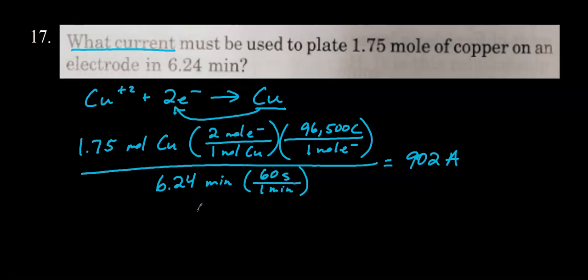And then once I know how many moles of electrons are gained, I can use that to find the total charge that passes through the solution using Faraday's constant. Take that divided by the time that the current passes through the solution in seconds, and we get our current, which is pretty high, 902 amps.